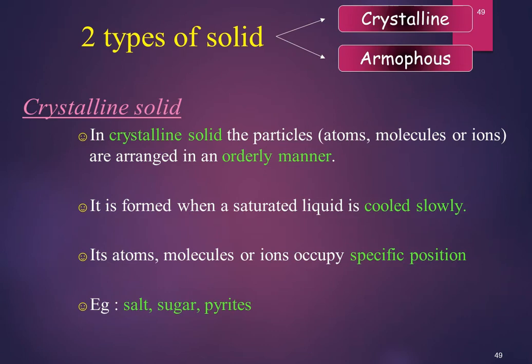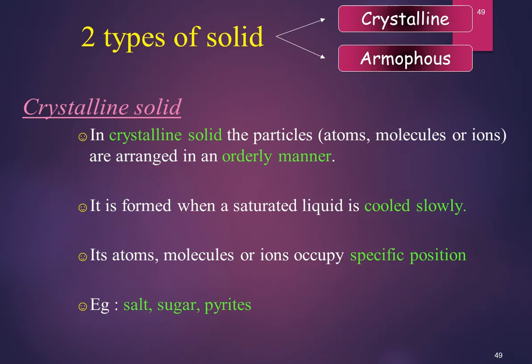Two types of solid, crystalline and amorphous. What is crystalline solid? In crystalline solid, the particles, atoms, molecules or ions are arranged in an orderly manner. It is formed when a saturated liquid is cooled slowly. Each atom, molecule or ion occupies specific position.